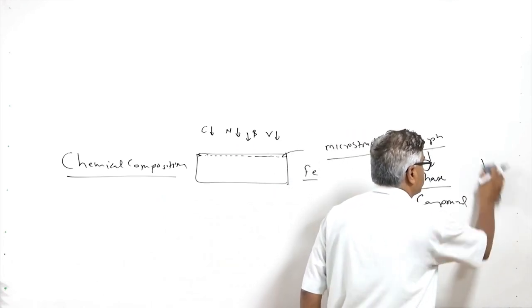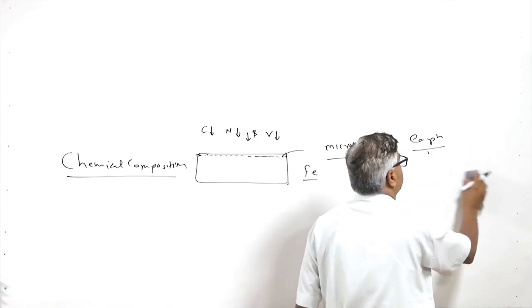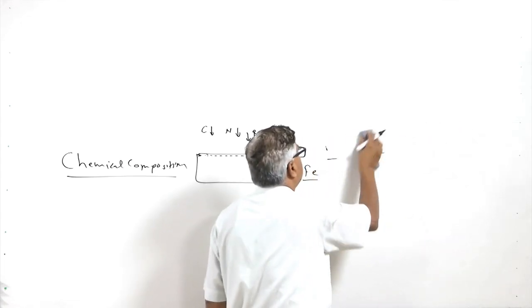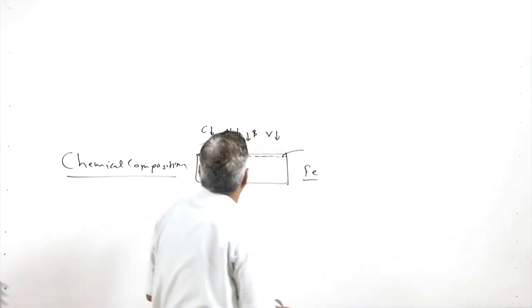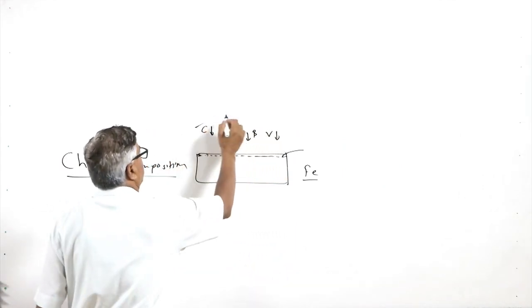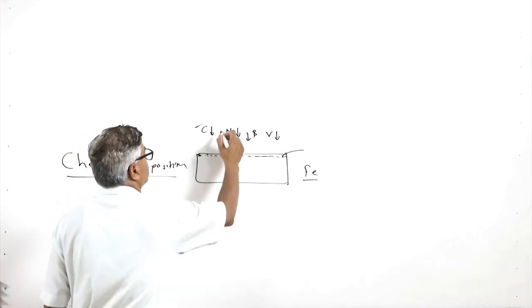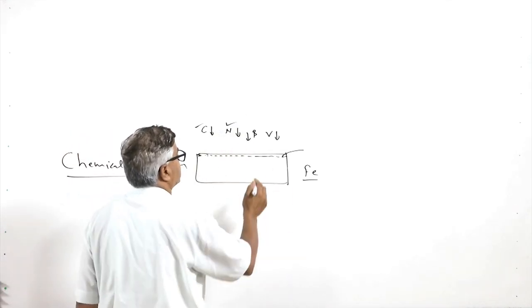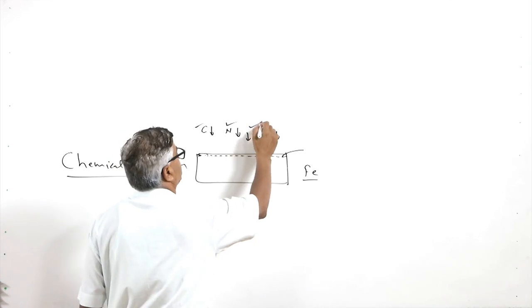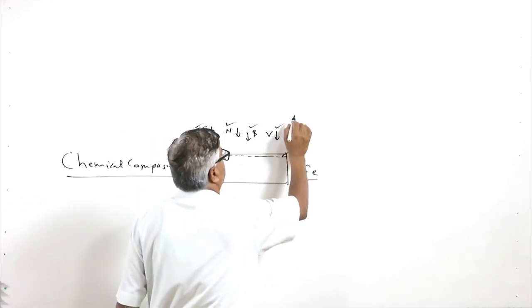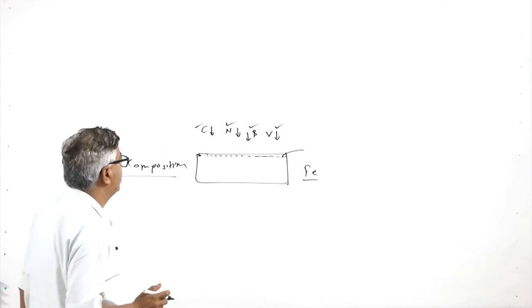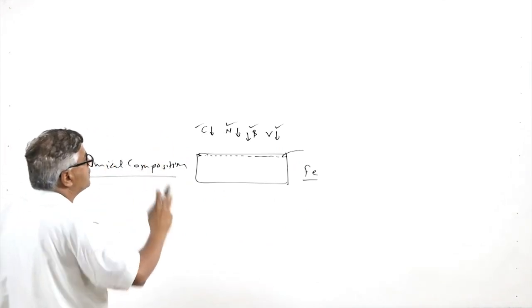For this purpose, some common elements introduced in the surface of ferrous metals are, for example, in carburizing, carbon is introduced; in the nitriding process, nitrogen is introduced; the boronizing process introduces boron; vanadizing introduces vanadium.